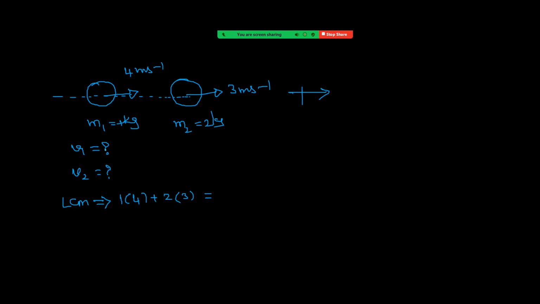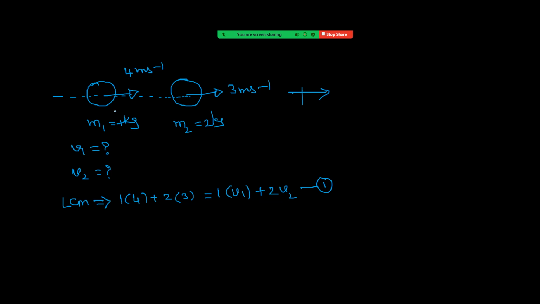Their velocities after collision may be in the same direction or they may change. When we do not know, we simply assume they are moving in the same direction, so their values are positive. You can see there are two unknowns, v1 and v2, so we require one more equation.